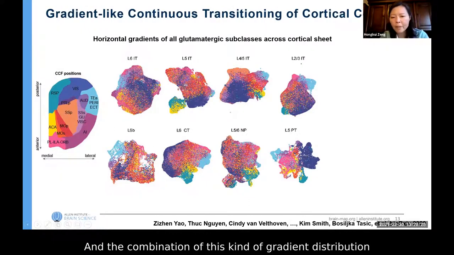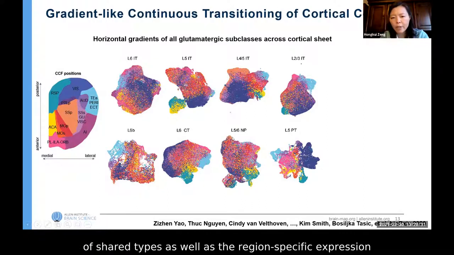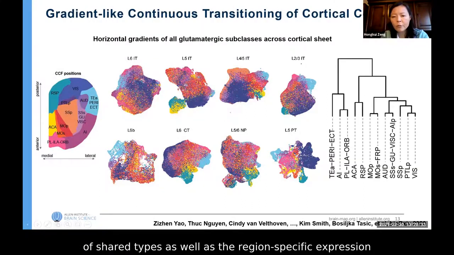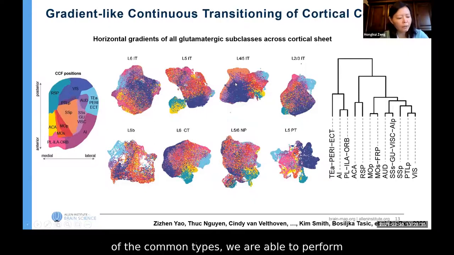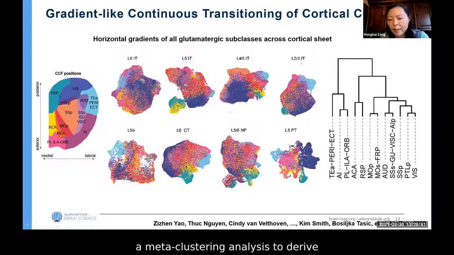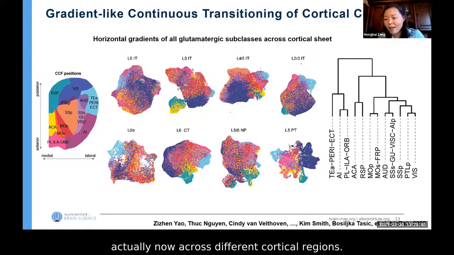And with the combination of this gradient distribution of shared types, as well as the region specific expression of the common types, we are able to perform a meta-clustering analysis to derive a hierarchical relationship across different cortical regions.